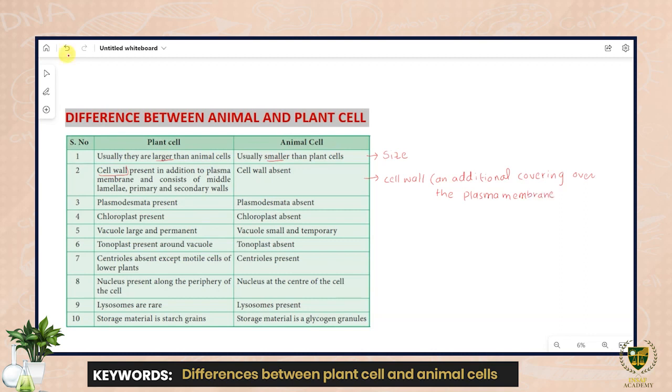So plasma membrane being the basic one, but cell wall जो है ये additional covering होती है.